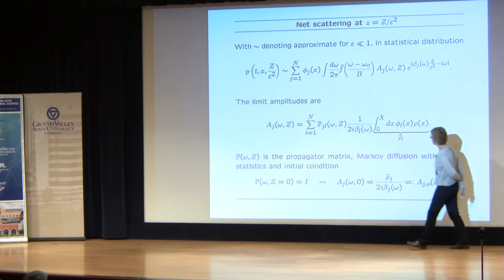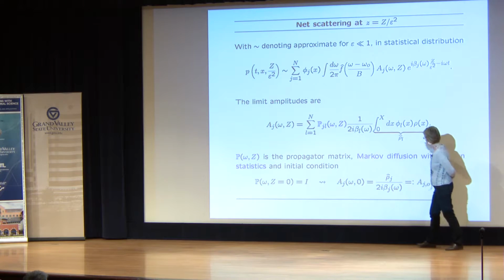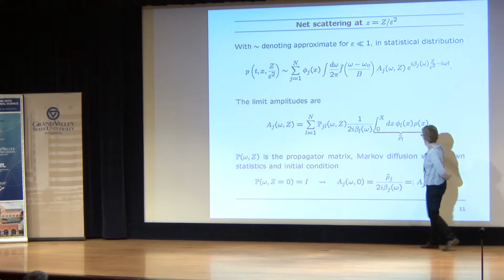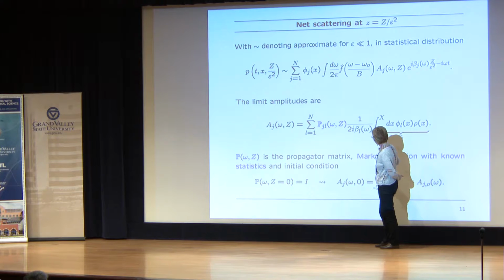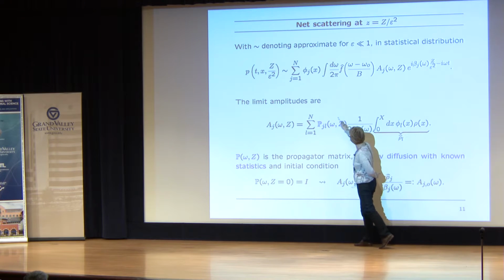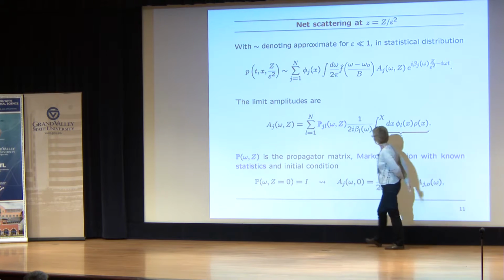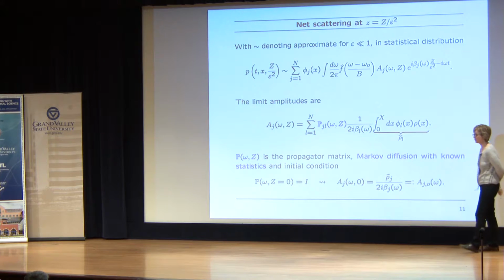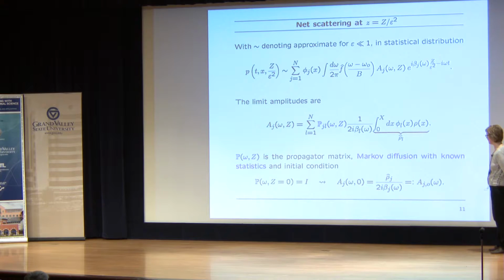And so you see the amplitudes depend on the initial condition. This is how the amplitudes would be if I didn't have the fluctuations. But because of the fluctuations, the amplitudes are different, as modeled by this matrix here, P, which is known as the propagator matrix. And this is a Markov diffusion, so this comes out of that diffusion theorem with known statistics.